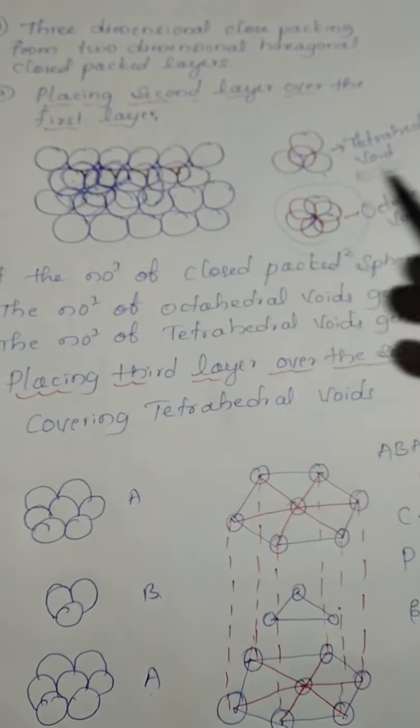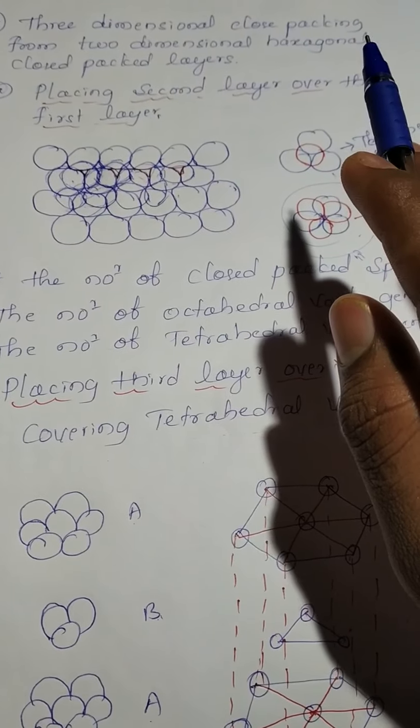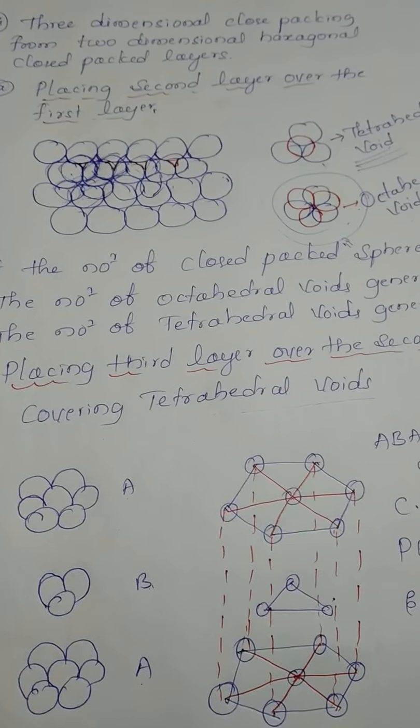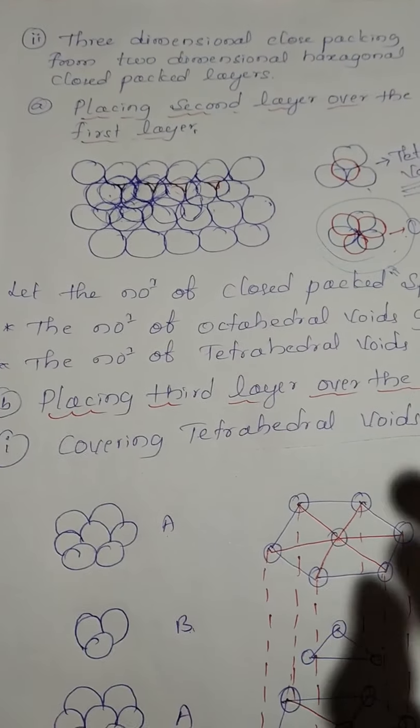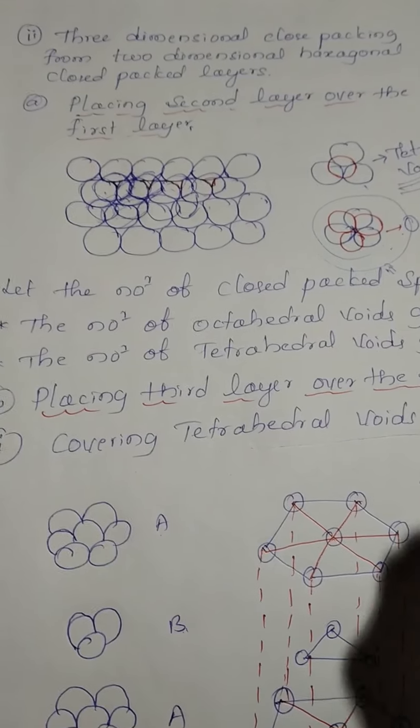First possibility, we can cover the tetrahedral voids, or another possibility, we can cover the octahedral voids. First, we are going to cover the tetrahedral voids.